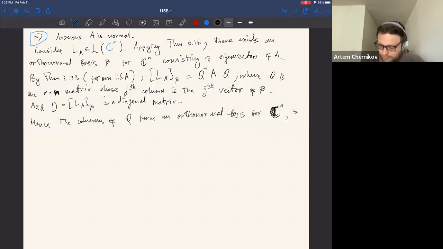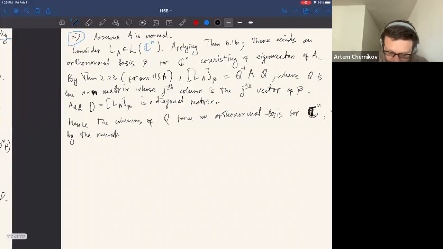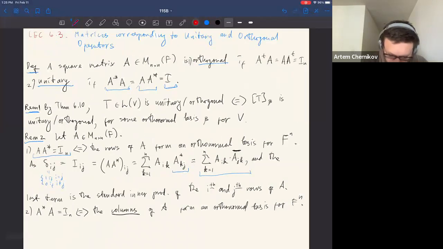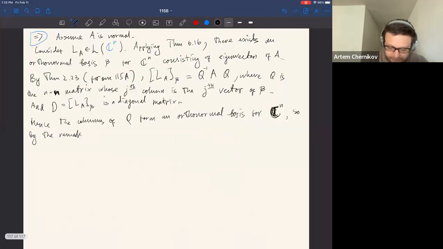And so, by the previous remark, remark 2 here, we have that Q star times Q is the identity matrix.